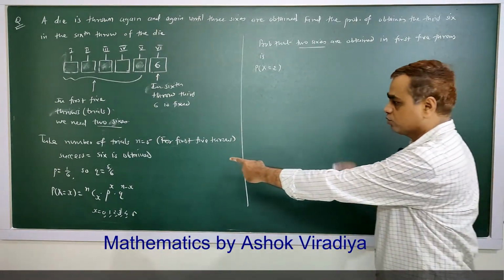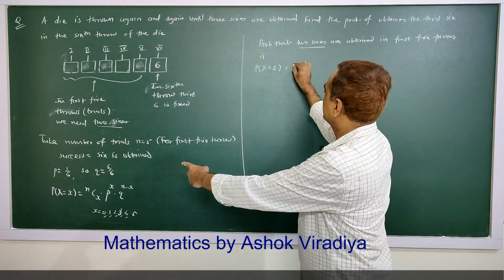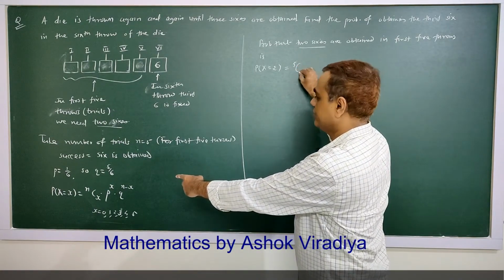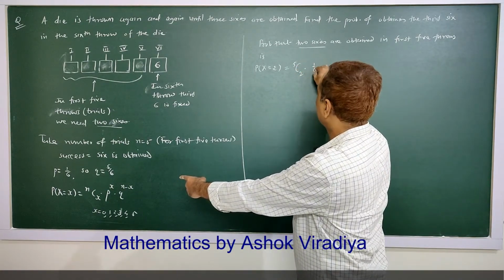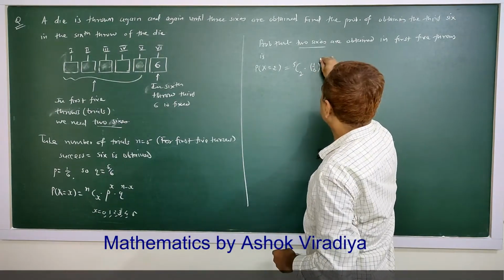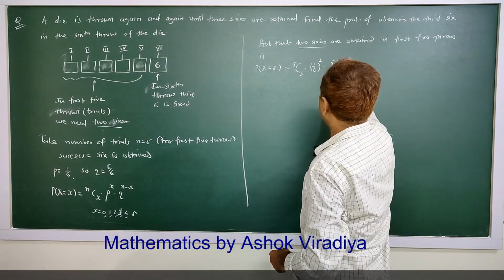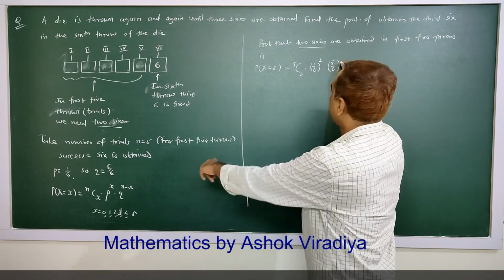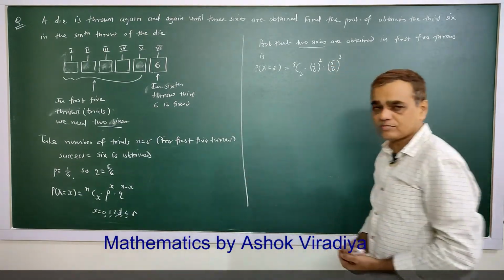So putting here 2, n is 5 trials, 5C2, p is 1 by 6, probability of success 1 by 6 raised to x is 2, 5 by 6 raised to 5 minus 2 is 3.